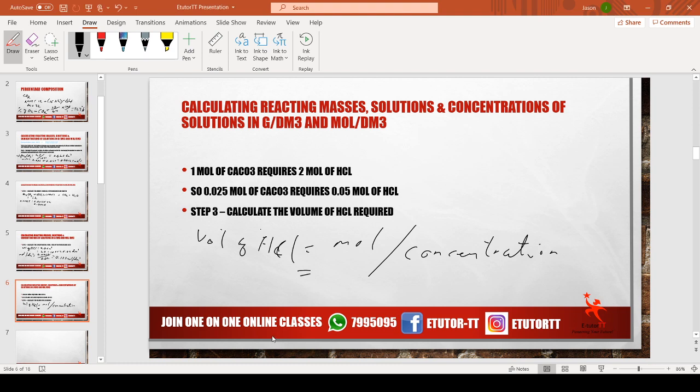So you can calculate the volume for, sorry, this is a mistake here. The volume of CaCO3, because that's what we know. And then we have the moles, which is 1, divided by concentration, and the concentration being 0.5.